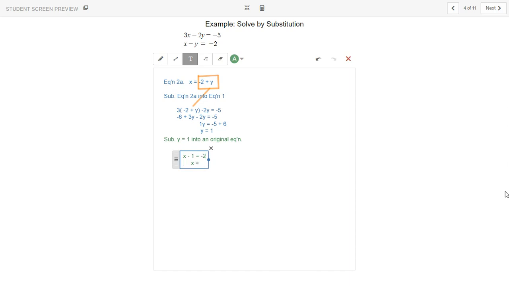Let's rearrange it. x is equal to negative 2 plus 1. x is equal to negative 1. We have our x value, we have our y value, and so we have a solution now. The solution is given as an xy coordinate of negative 1 and positive 1. Just a hint, we're always expressing this in alphabetical order, so x comes before the y.